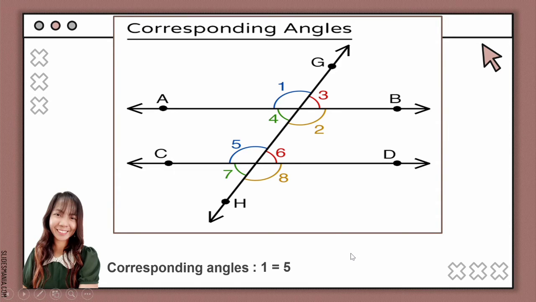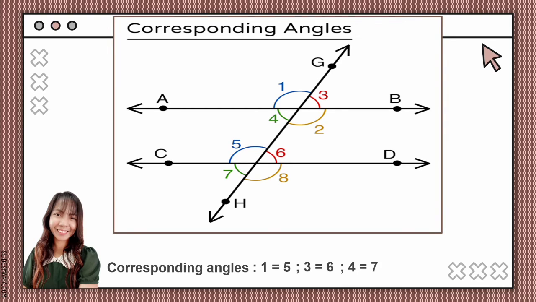Another pair of corresponding angles is angle 3 and angle 6. As you can see, one angle is inside the parallel lines and the other one is outside of the parallel lines. Angle 3 and angle 6, same color red.